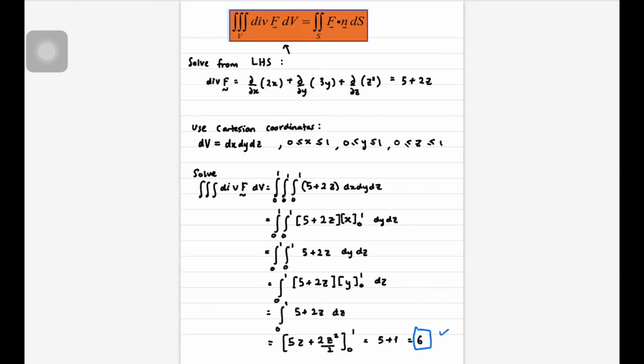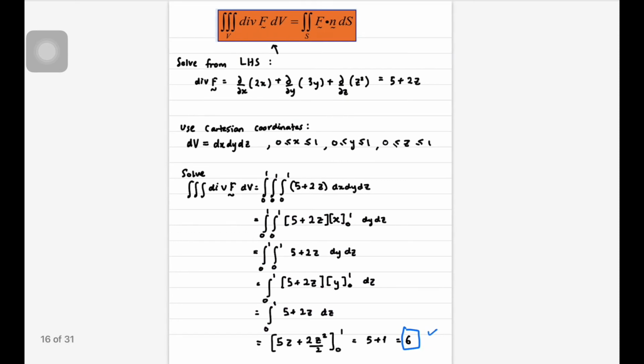First, let's solve from left hand side. You find the divergent f. Okay, del x to x, you will get 2. Del y, 3y, you will get 3. Del z, z squared, you will get 2z. Okay, 2 plus 3 equal to 5 plus 2z.